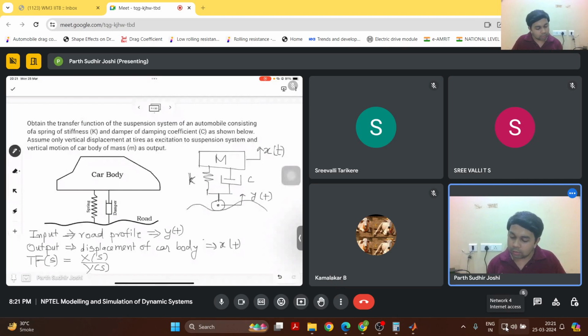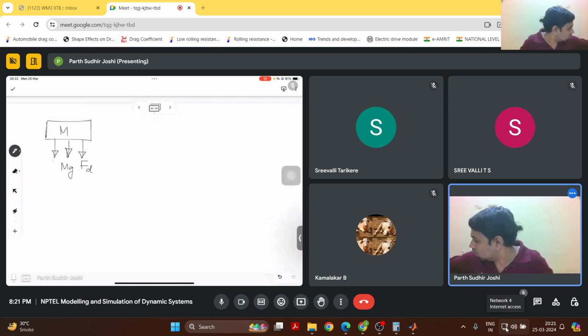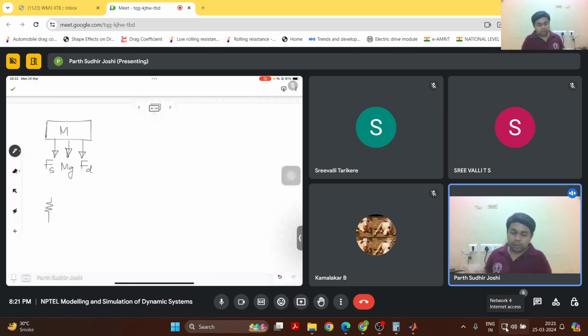The mass is subjected to some forces: the weight, then the spring force and damper force. Let us call them Fs and Fd.